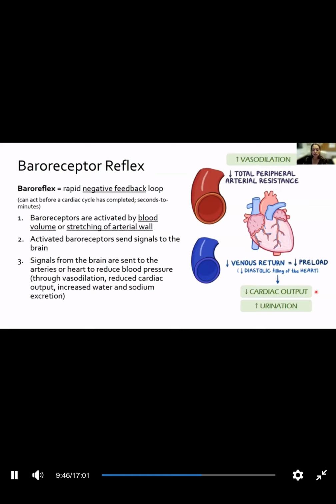Similarly, if you decrease cardiac output or increase urination, you can do this by decreasing the venous return, right? So the less blood that is coming back to the heart, the less amount that is needed to refill the heart, and so you can lower that cardiac output.